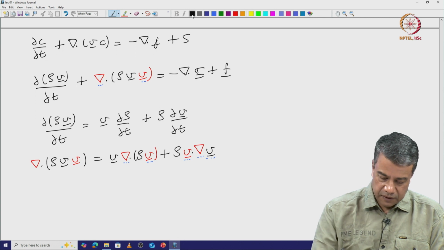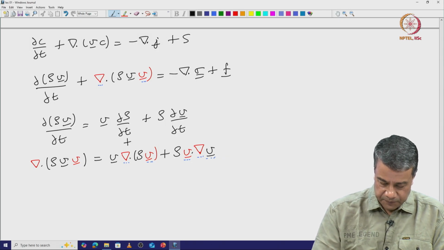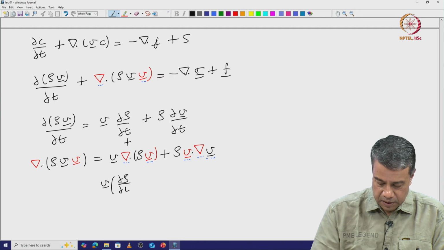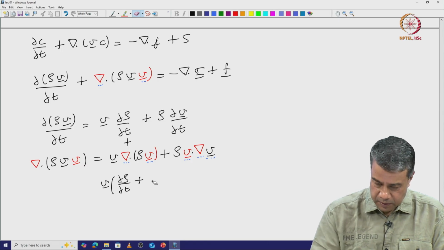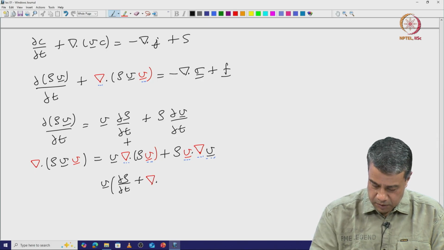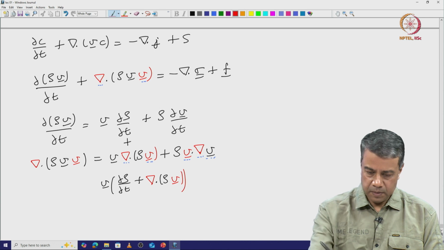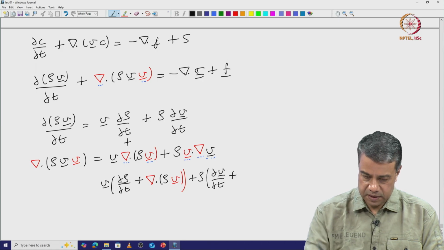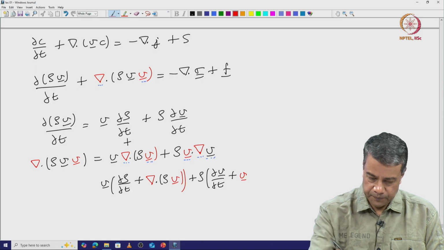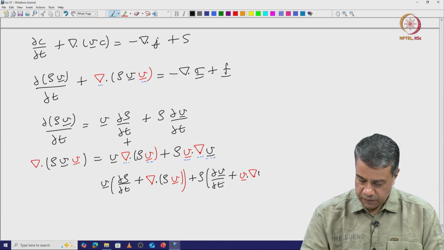And if I add up these two, this gives me v vector into partial rho by partial t, plus the second terms, plus rho into partial v by partial t plus v dot grad v.